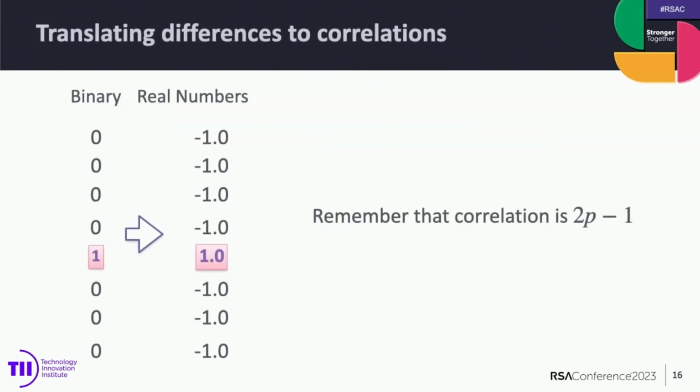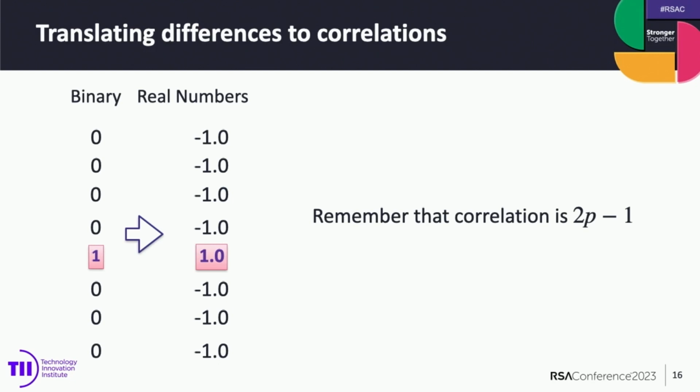Okay, now that we know how to compute the correlation in the middle part of the differential-linear distinguishers, we are going to see how to connect the top part with the middle part. To connect them, we need to translate the binary number representing the output difference of the third part into correlation, which is the probability of the output difference B1 knowing that it is 0?